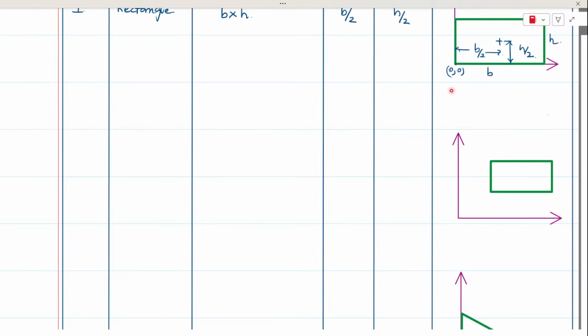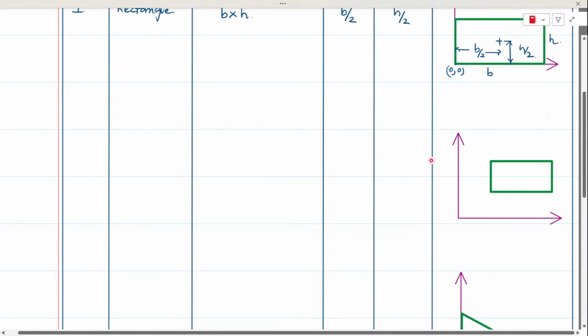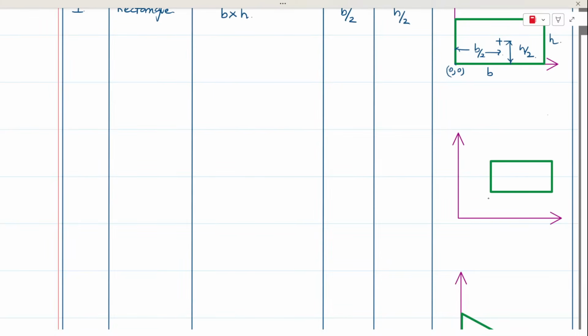Now if the same rectangle's vertex is at a distance of x from the origin in the horizontal direction and y from the origin in the vertical direction.